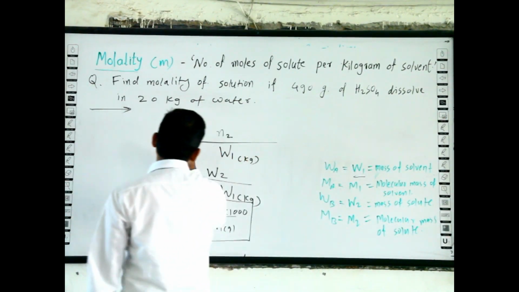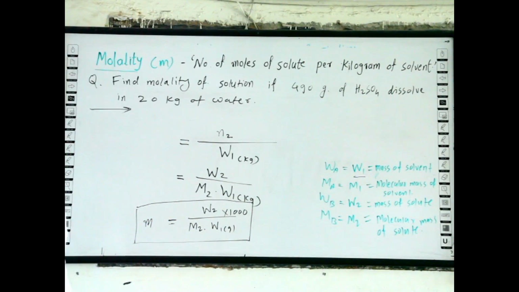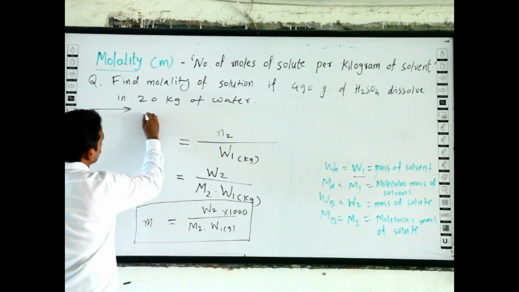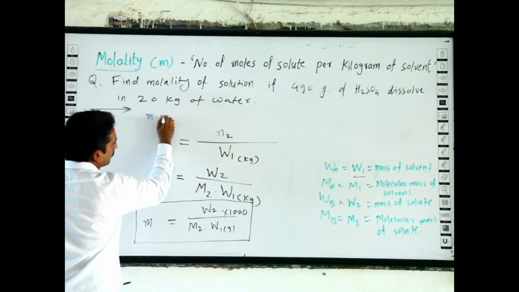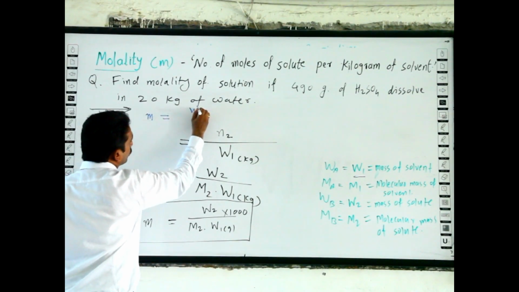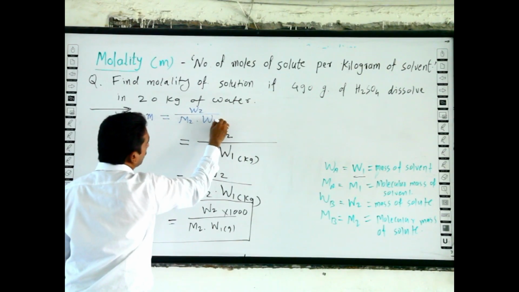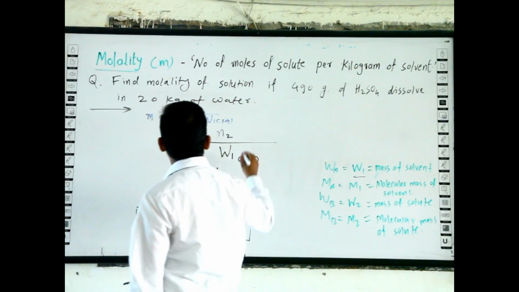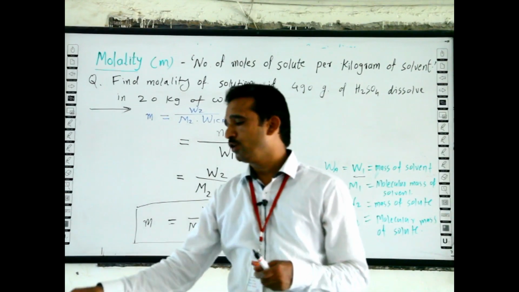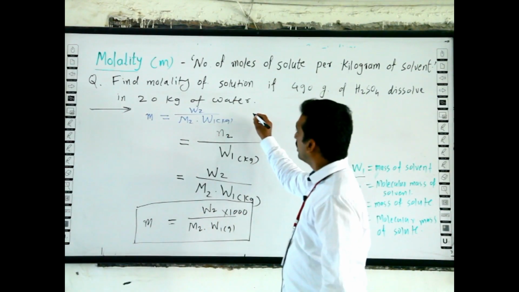Hence molality M equals W2 divided by M2 into W1 in kilogram, and put the values in the formula.